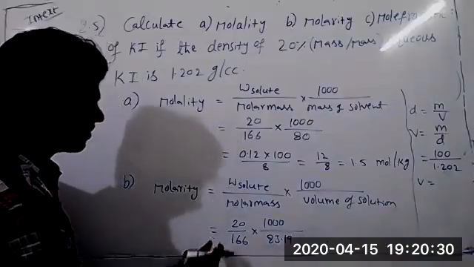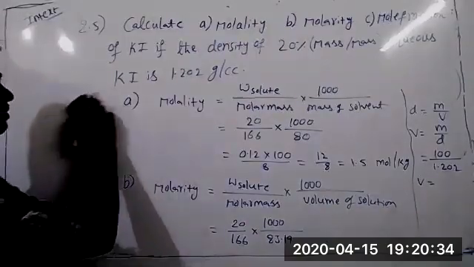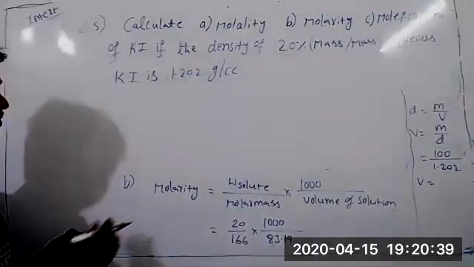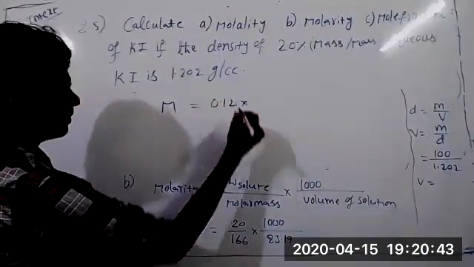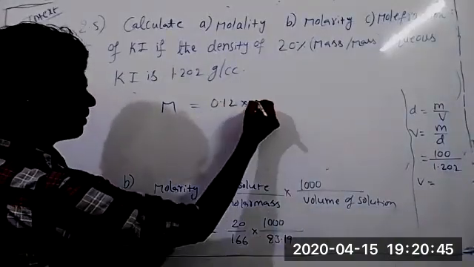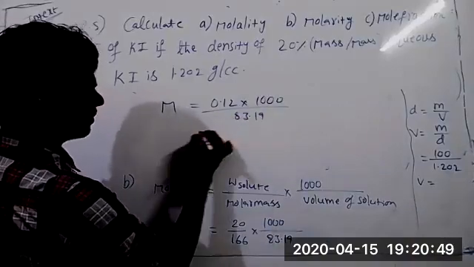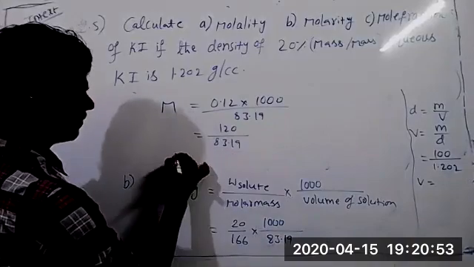So this is 0.12. For the next step, molarity is equal to 0.12 into 1000 by 83.19. 120 divided by 83.19. Find out this value.